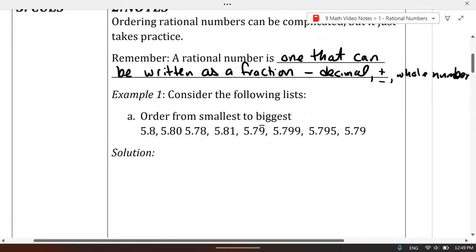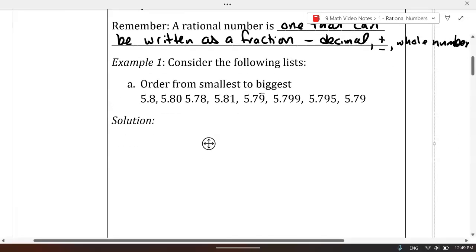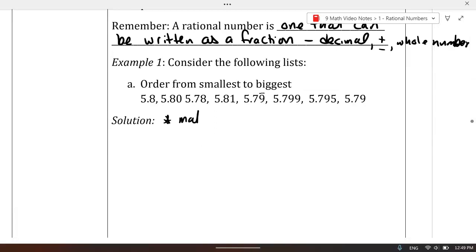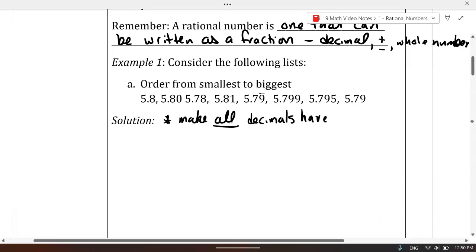Okay. So let's just look at this next set of questions here. Consider the following list. Order from smallest to biggest. So we have a whole bunch of decimals here. What I want to do is make all decimals have the same number of decimal places.